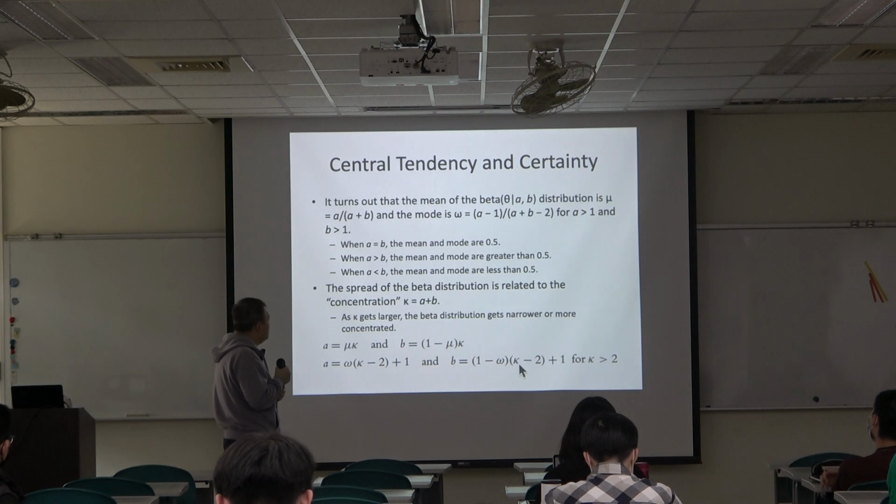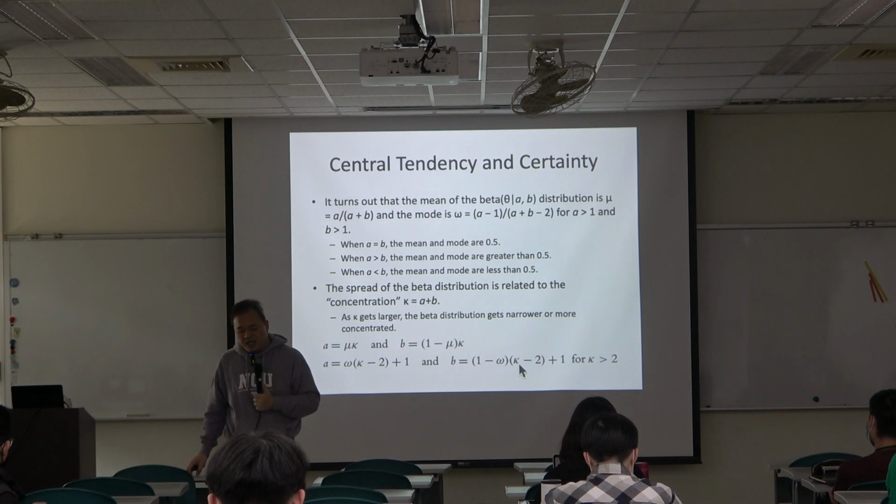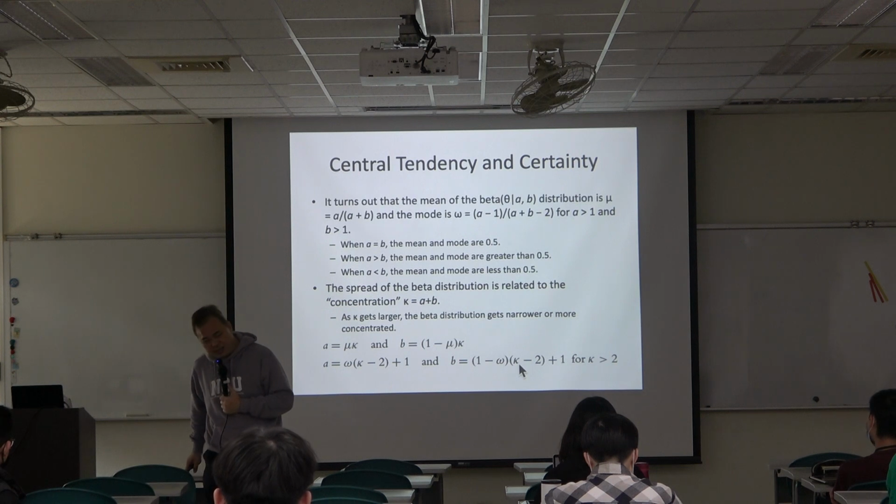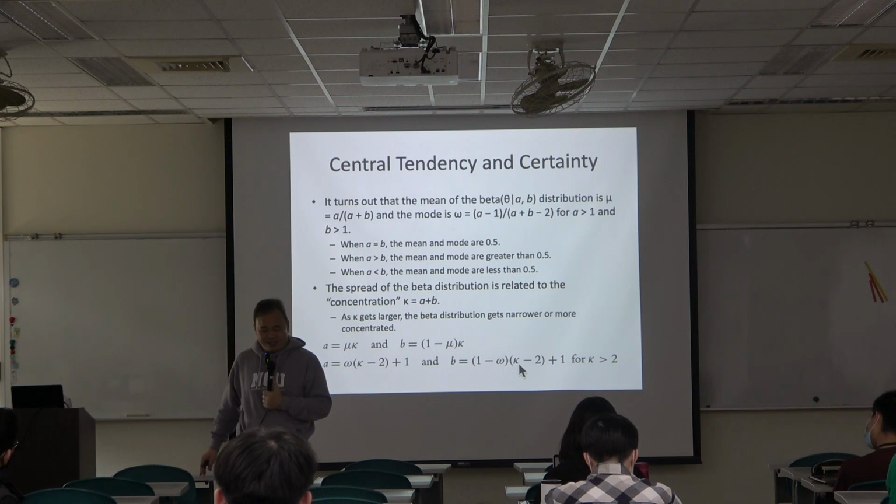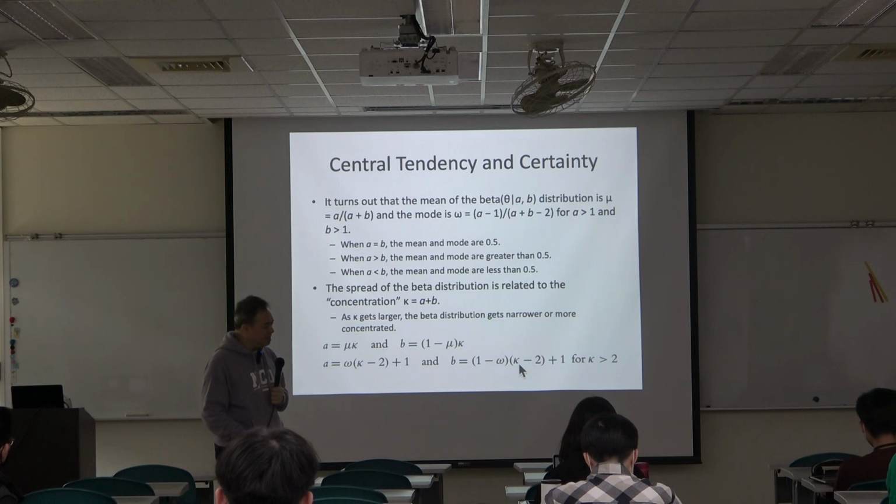As I said, we normally consider the central tendency as mu, the average, and the standard deviation to describe the certainty of that central tendency.